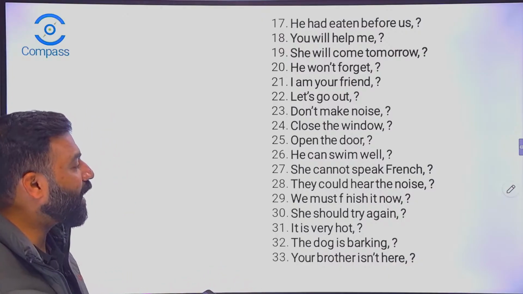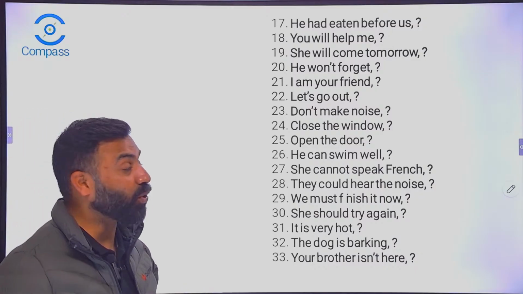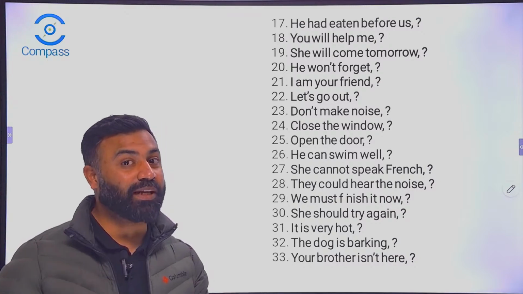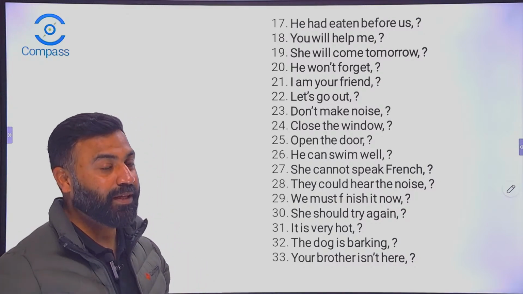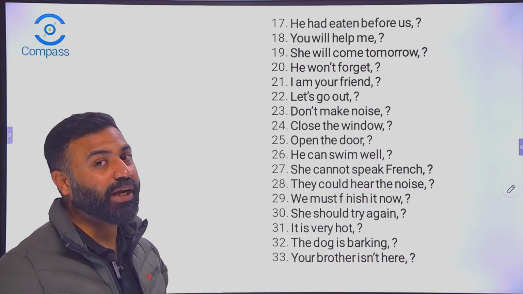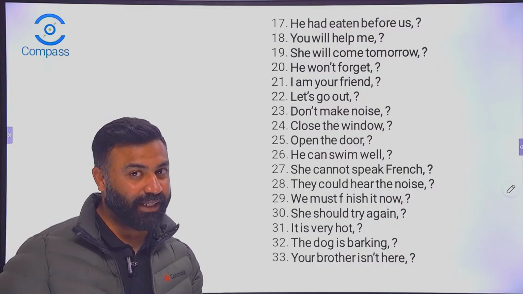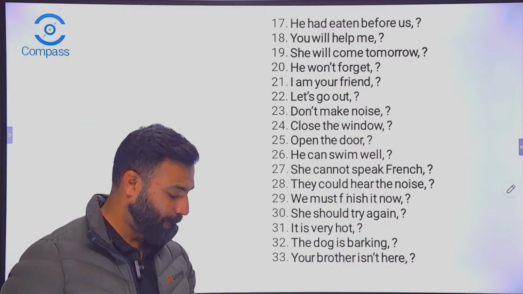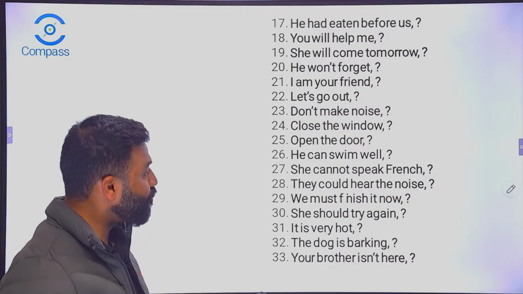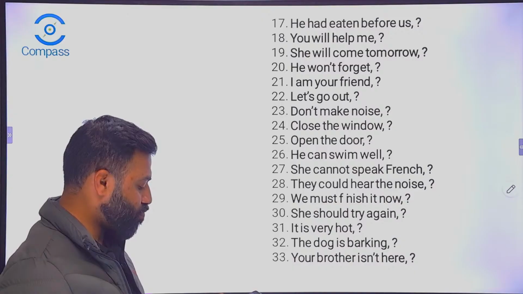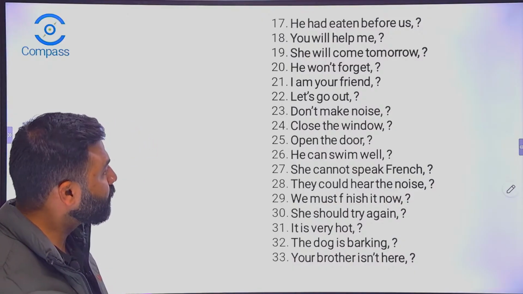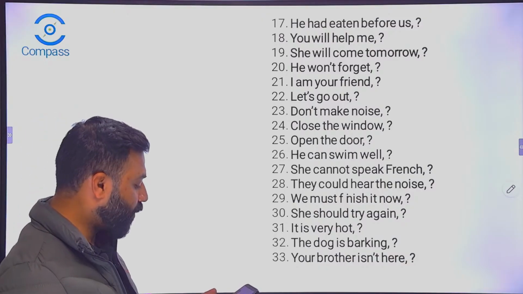Shall we? Okay, now we have don't make noise. Imperative sentence. I will not classify it for you this time. You need to decide what kind of imperative it is and then decide your answer. Don't make noise. Come on, hurry up.